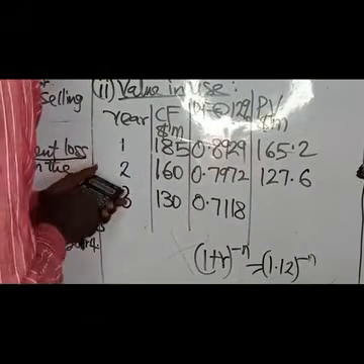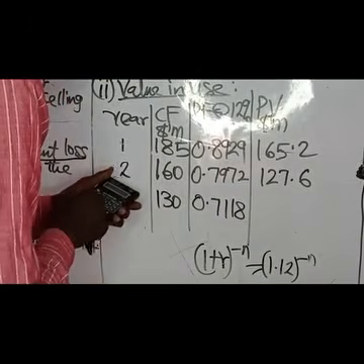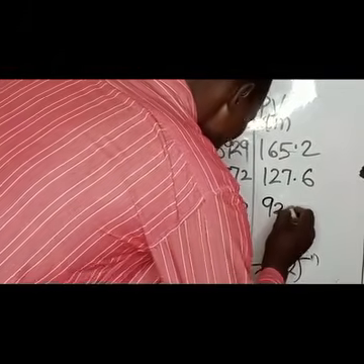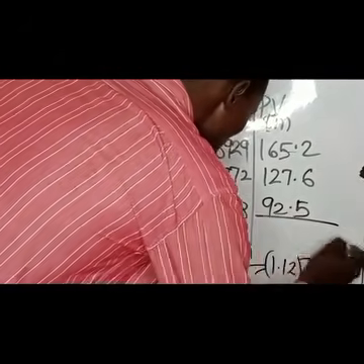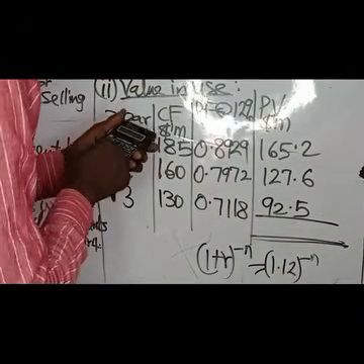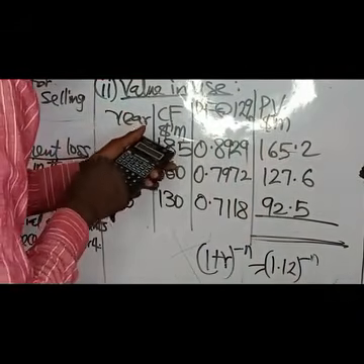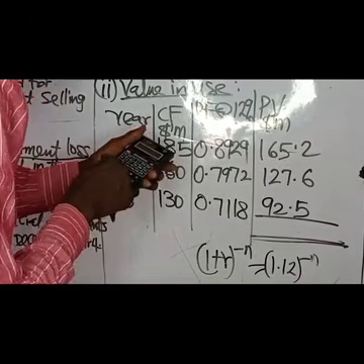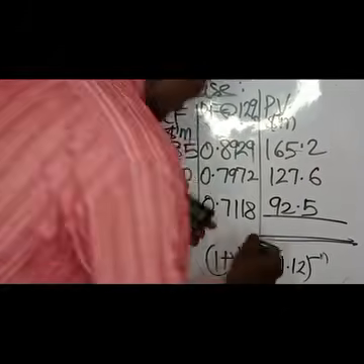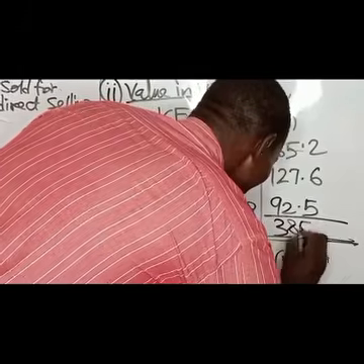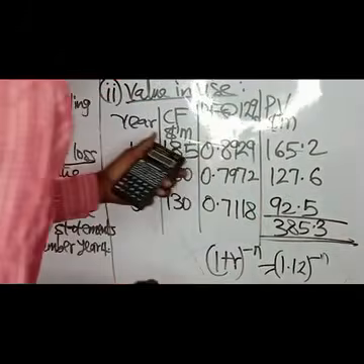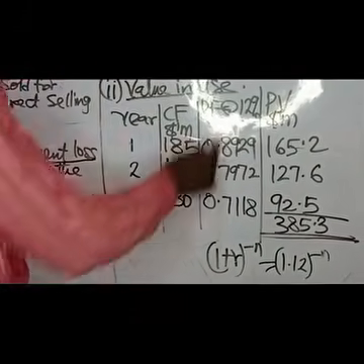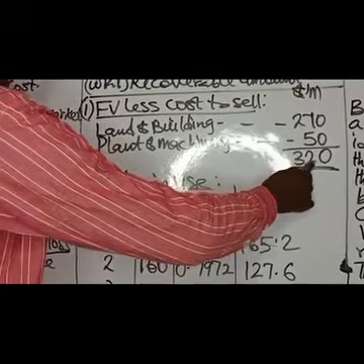Then 130 times 0.7118 gives us 92.5. So if you sum it up, 92.5 plus 127.6 plus 165.2, then that is total 385.3.